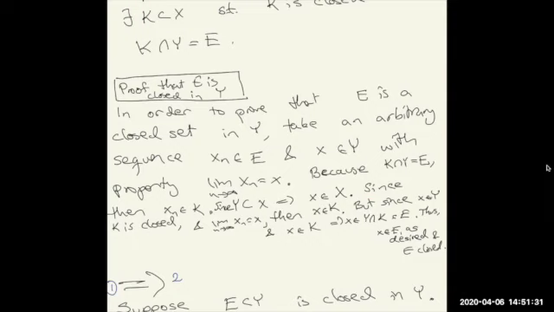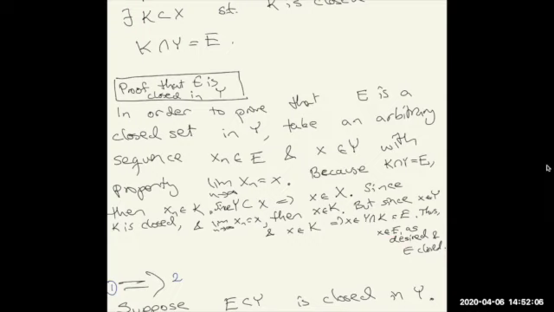But now, X is in Y, because we assumed that. X is in K, because we just concluded that. So it's in both of them. So it's in the intersection, Y intersect K, which was by definition E. So we get that X is in E, which was exactly what we wanted to prove, and therefore E is closed.